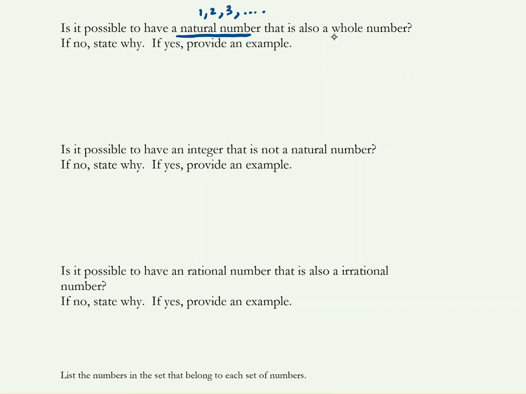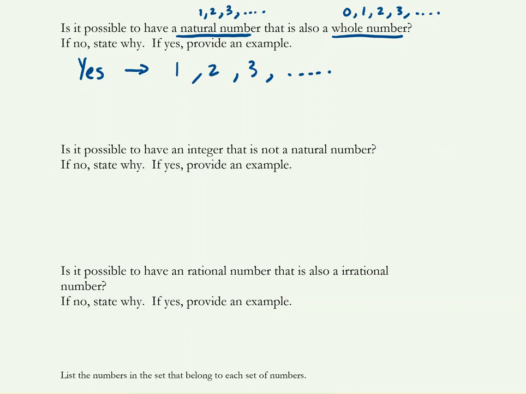That is also a whole number. Whole numbers we know start at 0 and increase by 1 forever and ever. So 0 plus the positive integers. In this case, we would say, yes, this is possible. And we have actually infinitely many correct examples. 1 is a natural number that is also a whole number. So is 2, so is 3, on and on and on.